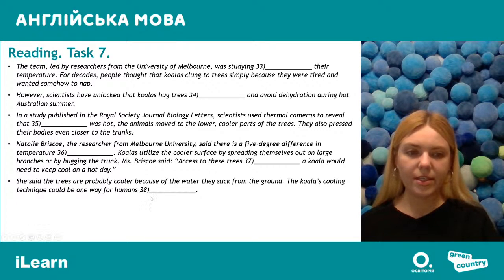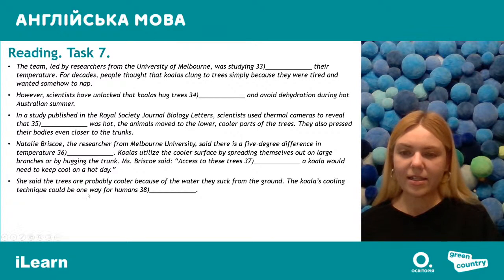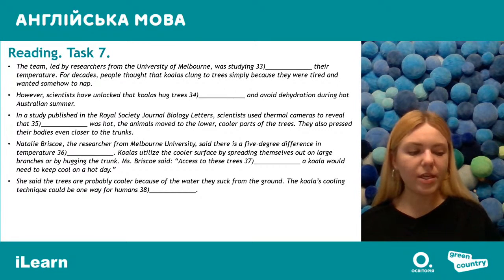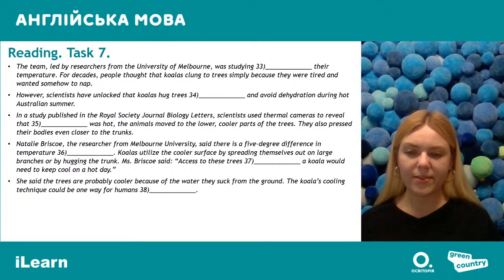And in 38, so again, let's look at the phrase before the gap. We have, it could be one way for humans. So we have a phrase with way, спосіб. And in phrases with way, after way, we can use a way to do something or a way of doing something.